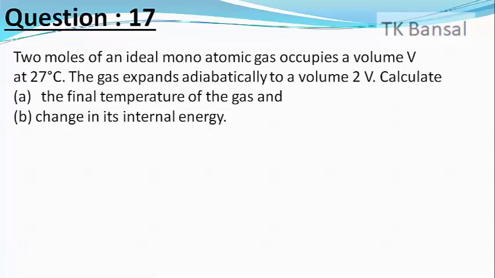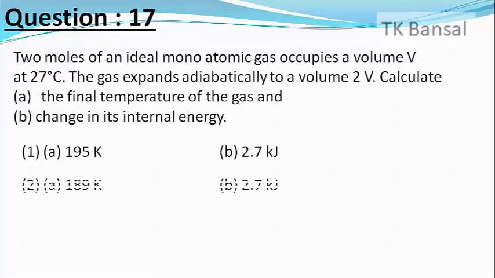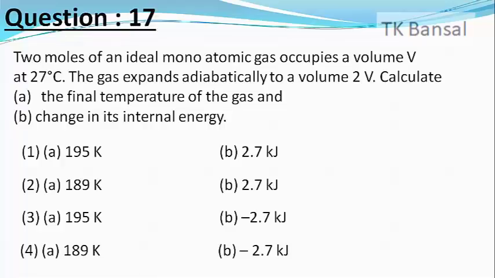The choices are 195 kelvins and 2.7 kilojoules; the second choice is 189 kelvin and 2.7 kilojoules; the third choice is 195 kelvin and minus 2.7 kilojoules; and the fourth choice is 189 kelvin and minus 2.7 kilojoules.